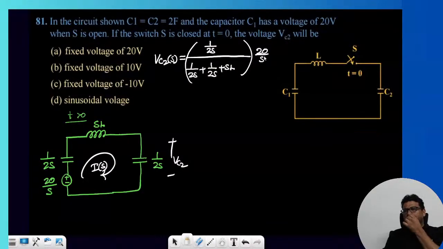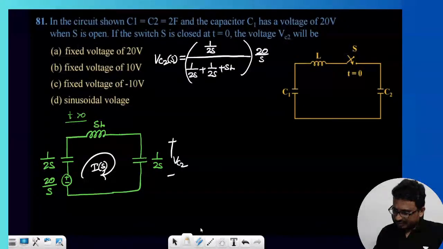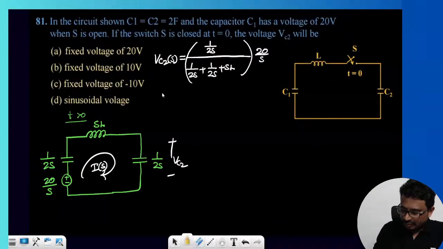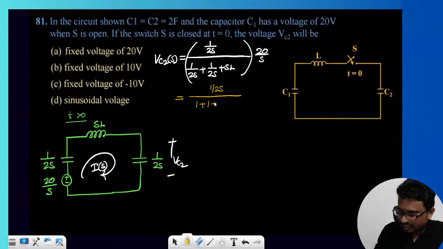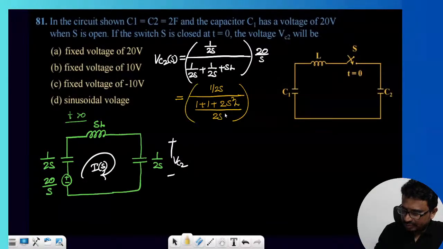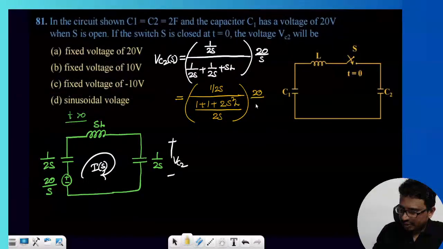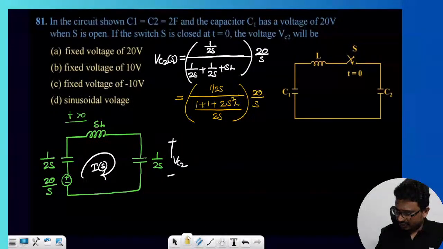Then simplify it. This is 1 by 2s divided by, taking 2s as the LCM, 1 plus 1 plus 2s squared L by 2s, into 20 by s, and 2s will get cancelled.